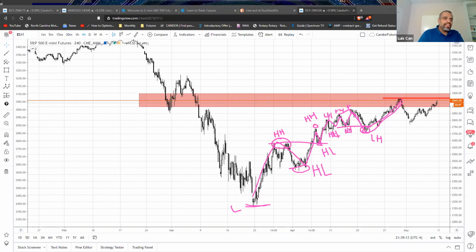Now, that happens from time to time, and it did happen here. And look what happened. You did another higher low. But in there, you have a higher high. But check it out. Was this a higher high?